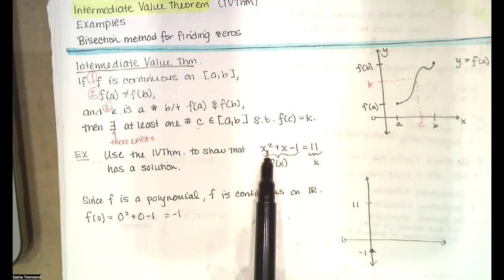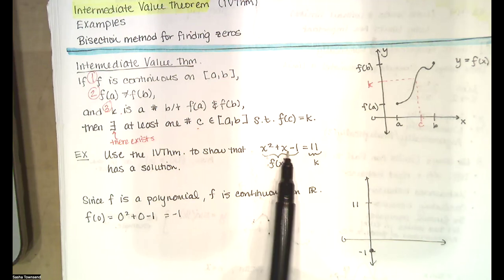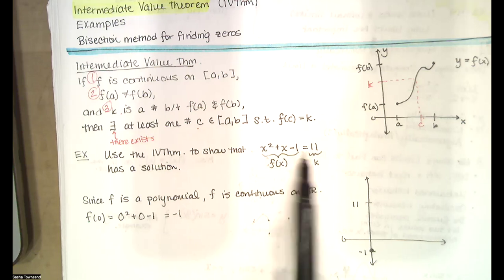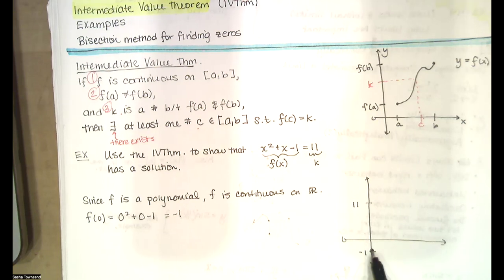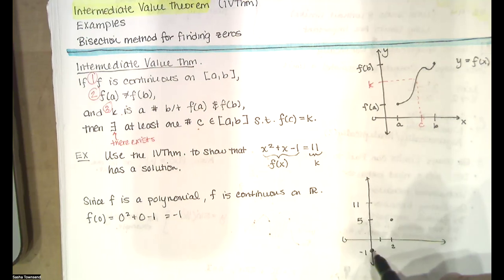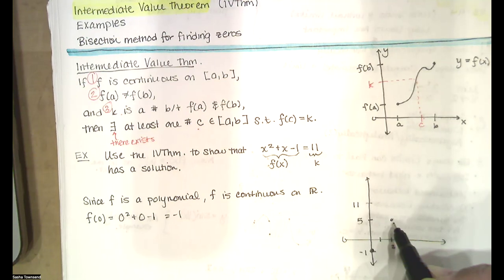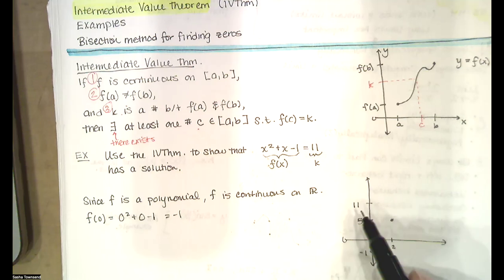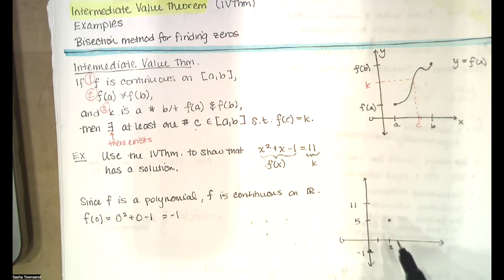Well, if I plug in 2, I get 2 squared is 4, 4 plus 2 is 6, 6 minus 1 is 5. That's not going to get me where I want to go. Then we'd be showing that on the interval from 1 to 2, we get 5 here, and the function is continuous, but it doesn't pass through that line y equals 11, so we haven't gone far enough.